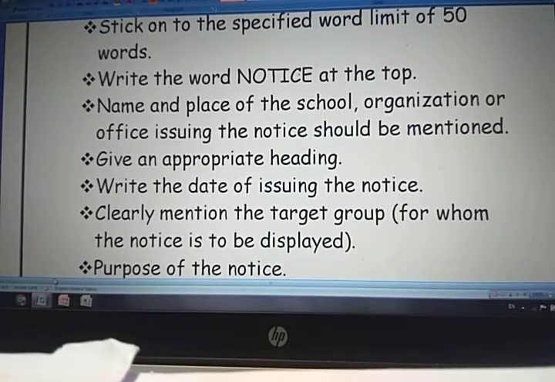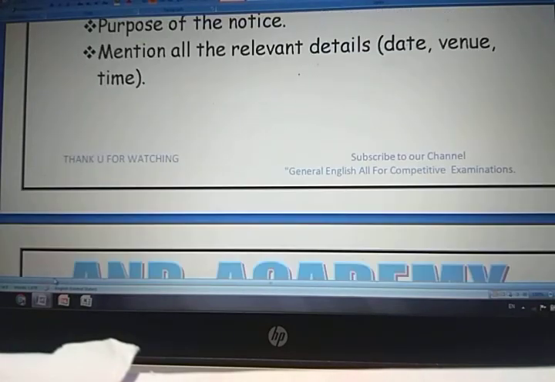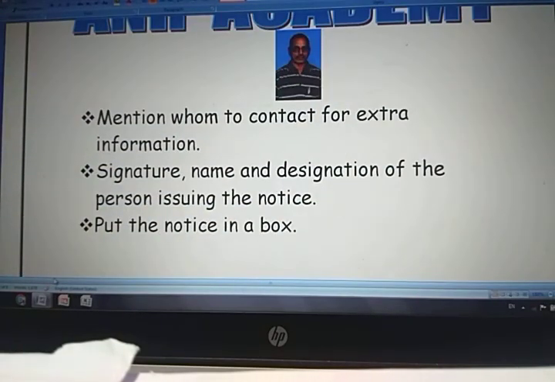When we do one or two examples, then we understand all these points. Next, purpose of the notice. That means the subject. What for you are writing this notice. And all the details should be given in the notice, like date, if it is a get together, venue, time, everything you should give. Then, to whom to contact for any extra information.